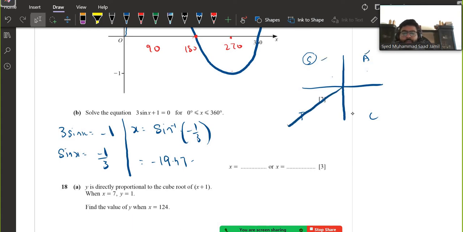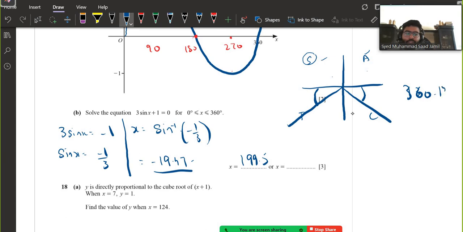We will make the graph over here since we have a negative value of sine. So this is going to be 180 plus 19.47, roughly 199.5, and then 360 minus 19.5, which is 340.5.